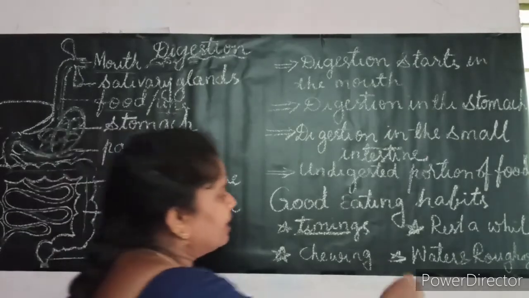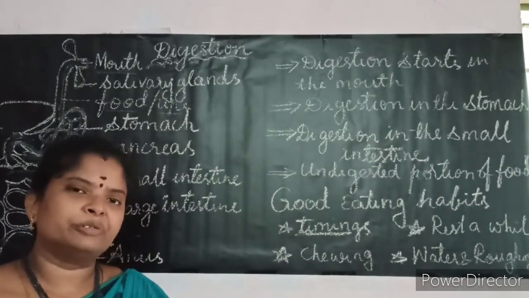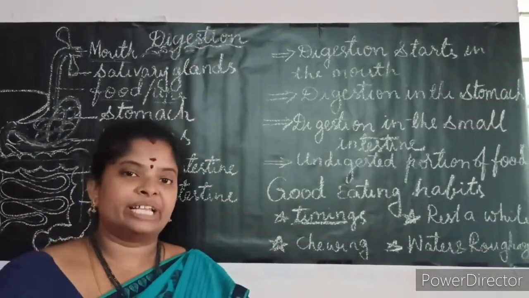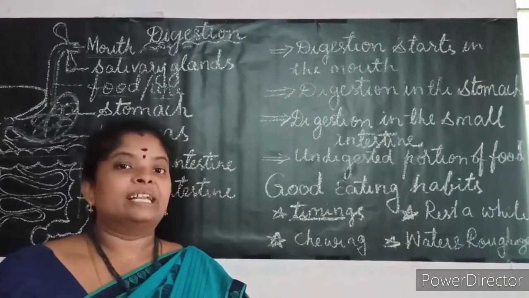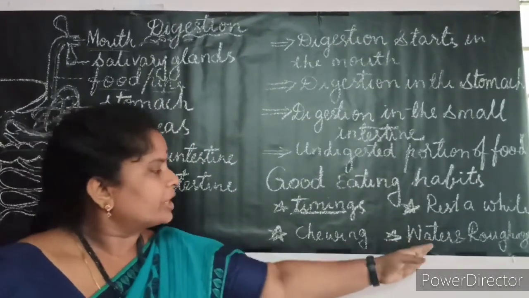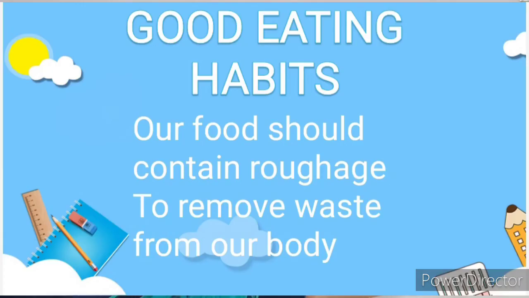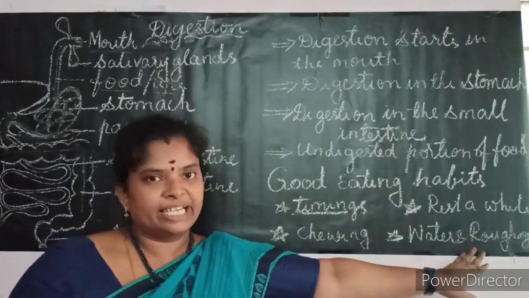Now, water and roughage. We should take enough water and roughage should be present in the food. Water helps in easy digestion and roughage helps in getting rid of waste materials.